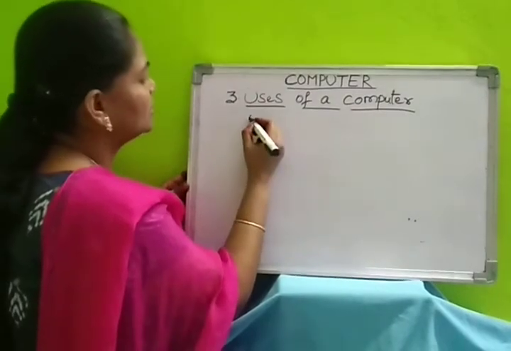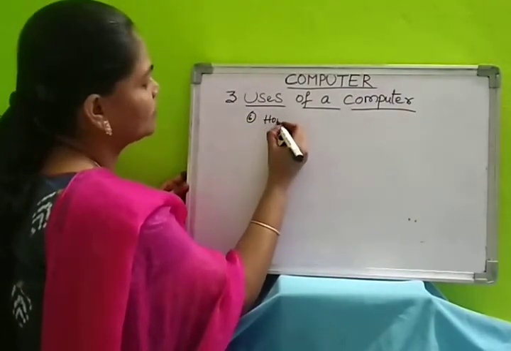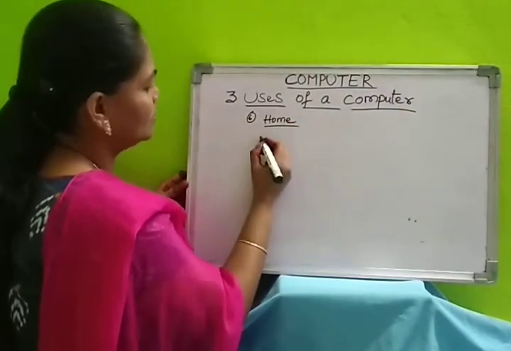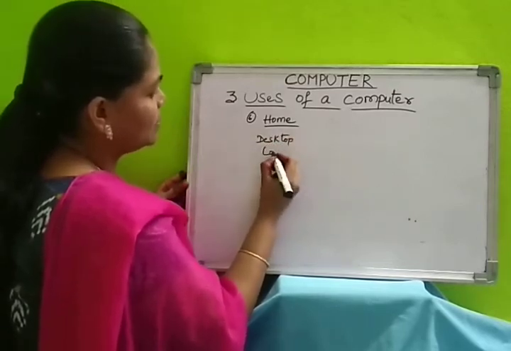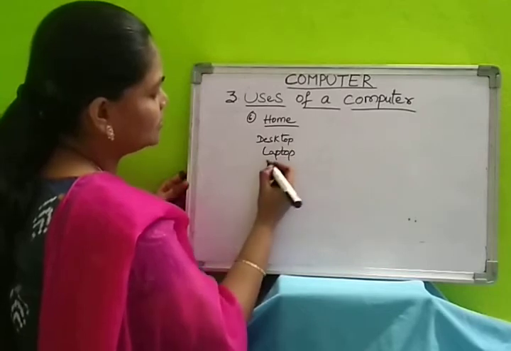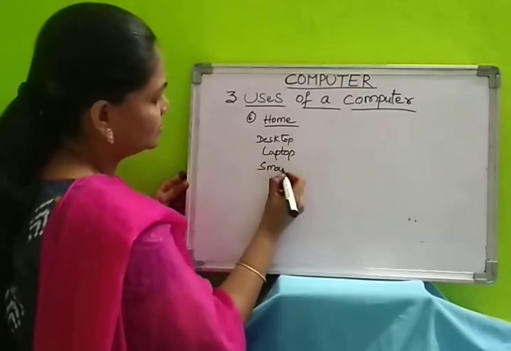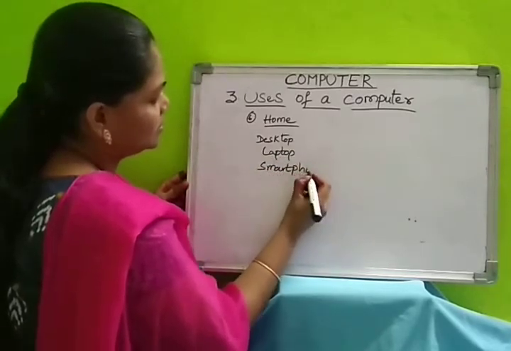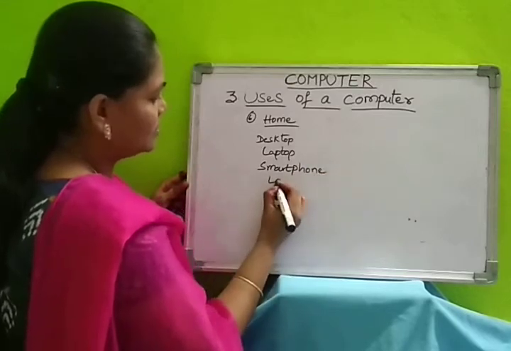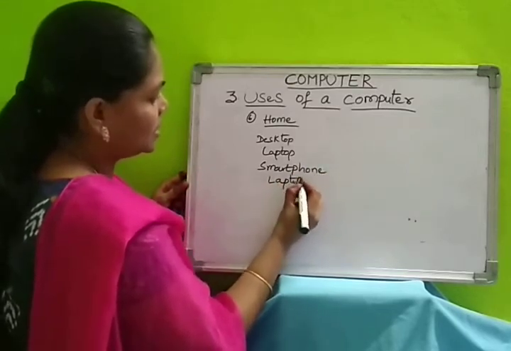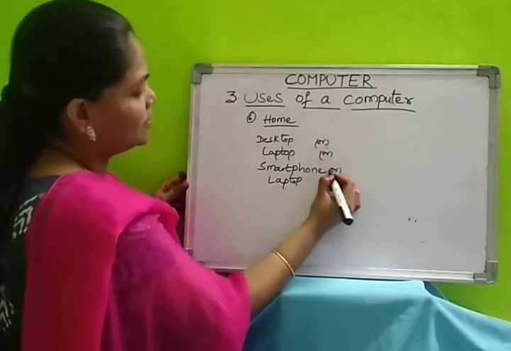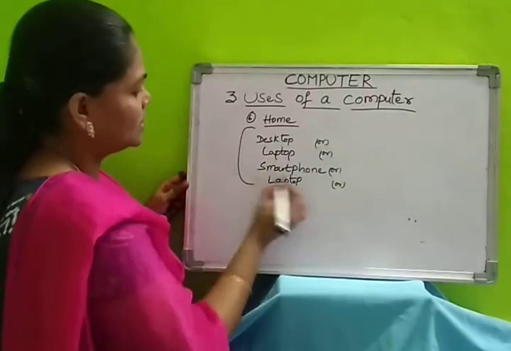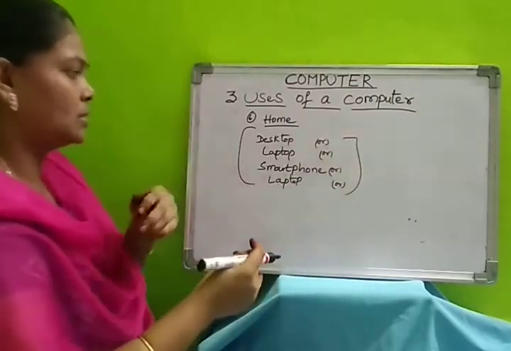So what is the sixth one? Home. Okay. So at home, if it is a desktop or laptop or any smartphone or tab, any one that we have, we use for all those purposes.